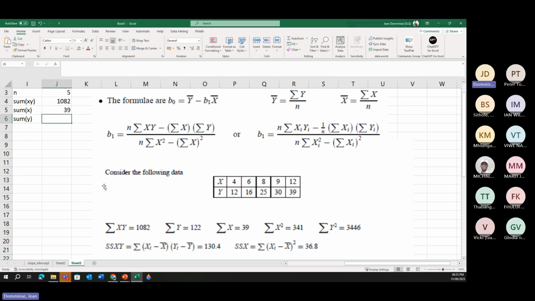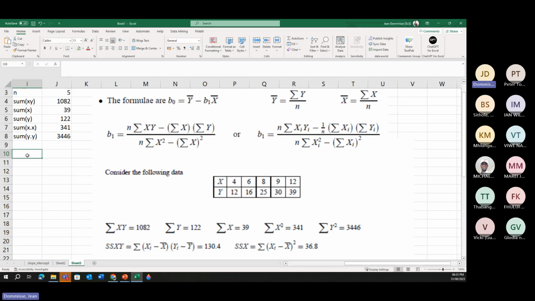The sum of y was 122. We've got the n. The sum of x times x is 341, and the sum of y times y is 3446.